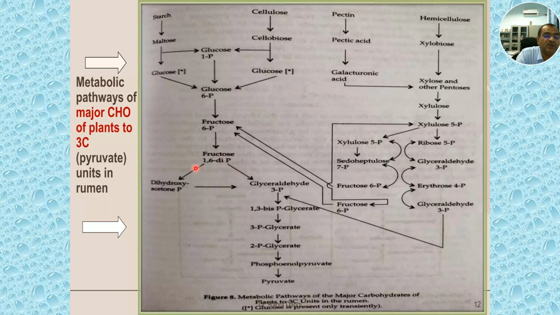Then this is converted to dihydroxyacetone phosphate, then to glyceraldehyde 3 phosphate. Then 1,3-P glycerate, and later 3-P glycerate is produced. Then 2-P glycerate is produced.